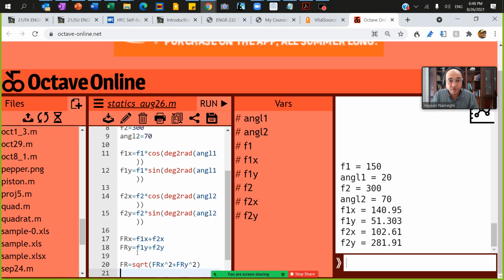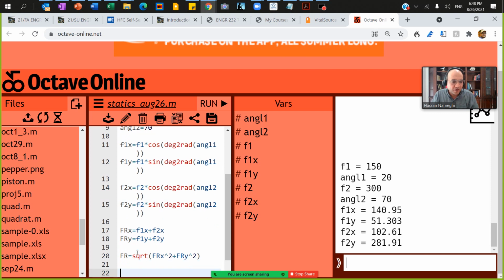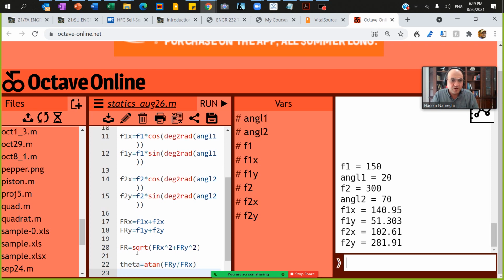Right now I'm finding the resultant of those two, and I can find the theta. The theta is equal to tan inverse. It stands for atan, meaning tan inverse of FRy divided by FRx, and I'm kind of done.